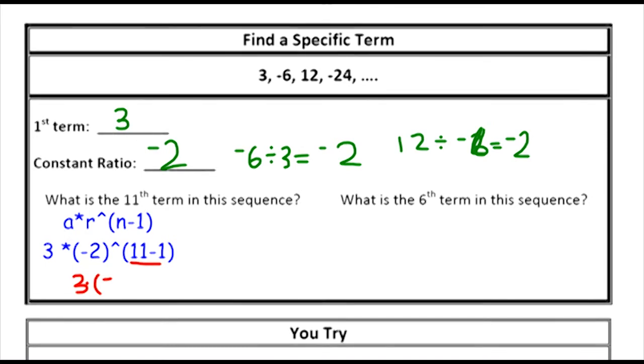Make sure you use the parentheses just like that, because when you type in your calculator, it makes all the difference. If you just type negative 2 to the 10th, it's going to give you a negative answer. But if you type parentheses, negative 2, to the 10th, you're going to end up with a positive answer. 3 times 1024. Last but not least, multiply that together, we should get 3072 as your final answer.